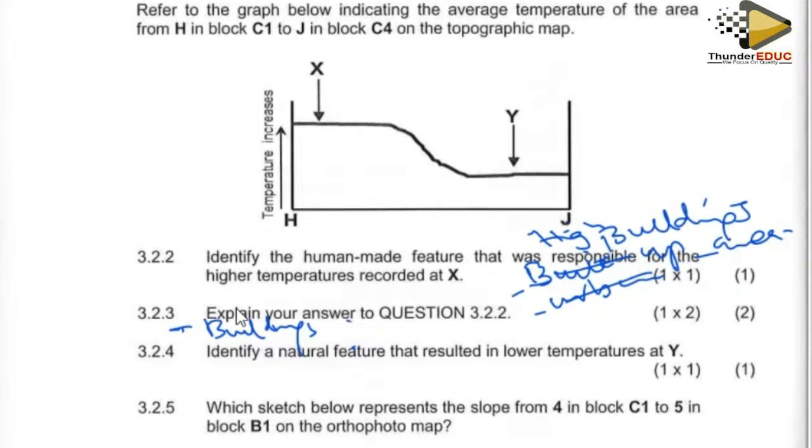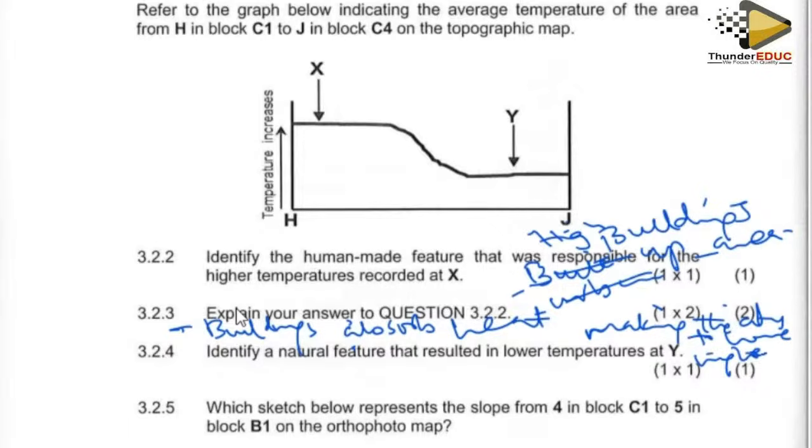So the high buildings, which is the built up. So we say buildings absorb heat, making the city hotter. Buildings absorb heat, making the city to have higher temperatures.